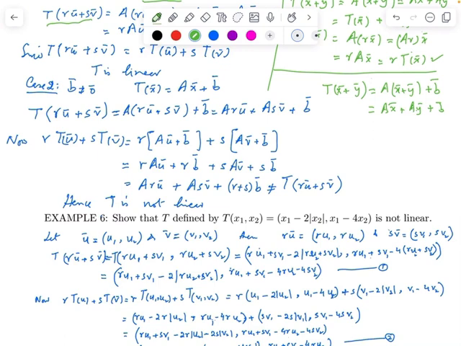Now note, if we can show that this is equal to T of x plus T of y, then one of the statements of linearity will hold, and then we can check the other one. But if we cannot show this equal to Tx plus Ty, then we can just stop there and say that this is not linear.